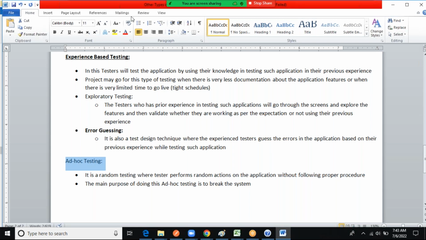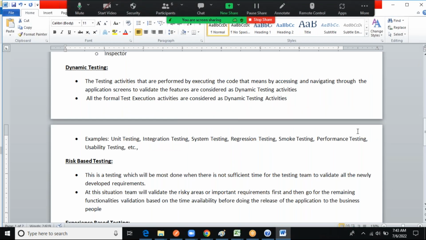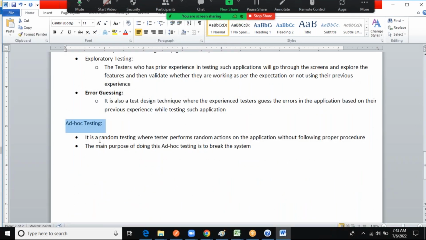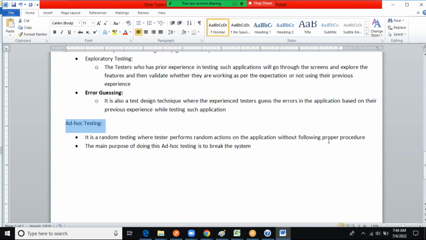Who's that? Saurabh. Okay, it's a test case. We don't need any test cases for doing ad hoc testing because we don't follow any procedure. What will test cases have?